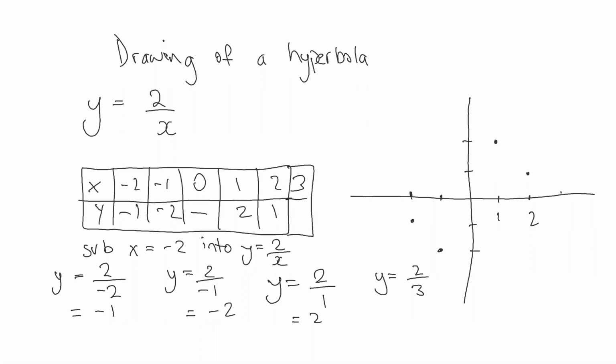When x is 3, 2 over 3 is less than 1, so it's going to be somewhere here. And obviously, if x is -3, I'm going to get -2 over 3, so I'm going to have something like that.